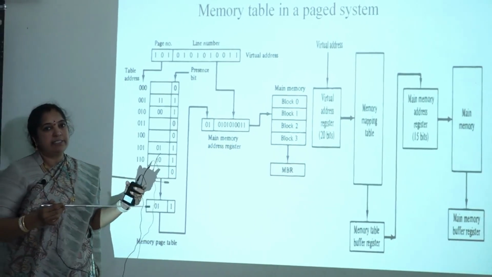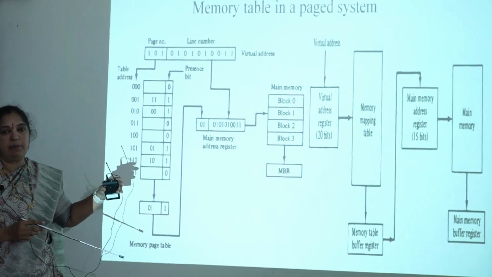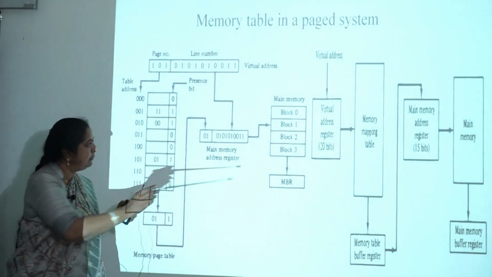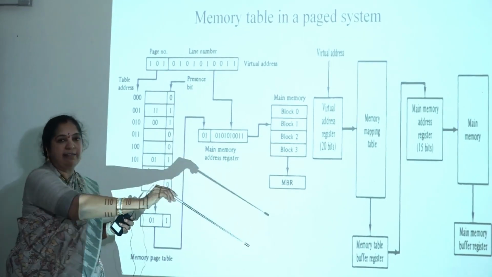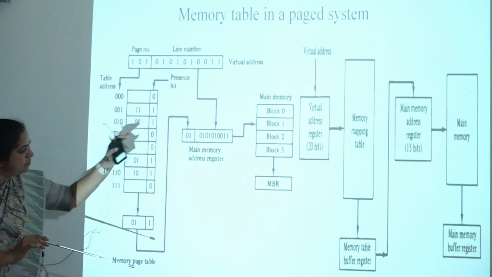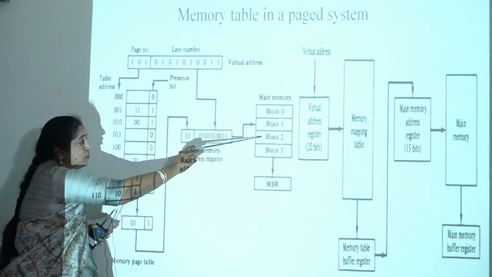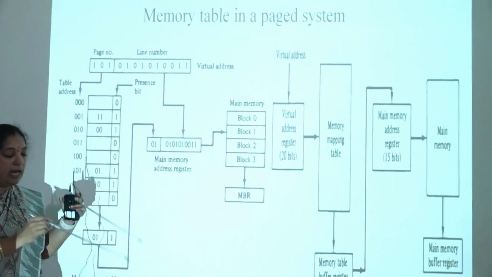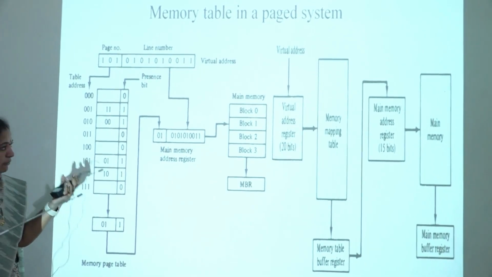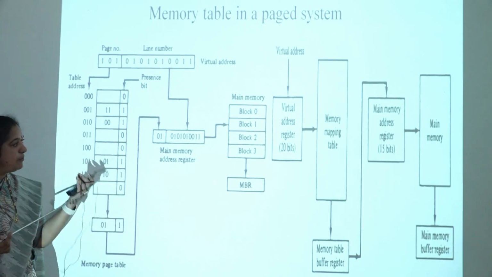That additional work is that the page is to be accessed from the auxiliary memory, the secondary memory, which takes much time. If it is available in the main memory, the processor accesses it directly and execution is done smoothly. But if it is not available, first we have to recognize which page is to be replaced. For that we have page replacement algorithms: either first in first out, least recently used, most recently used, or optimal replacement.